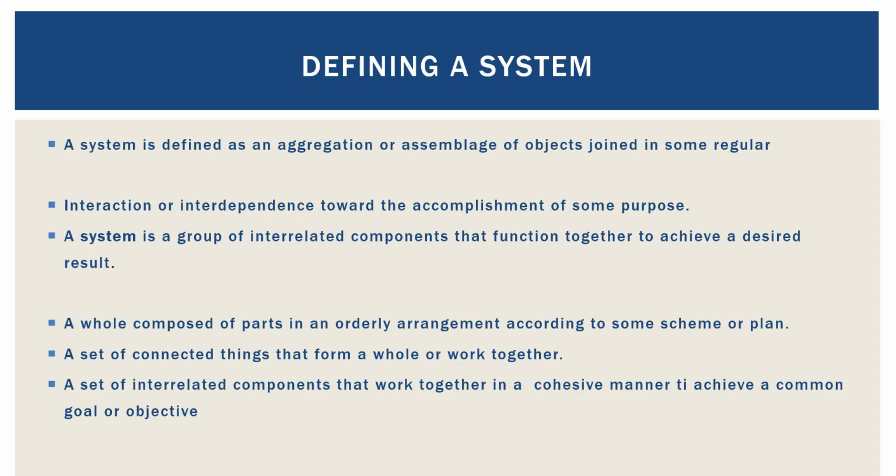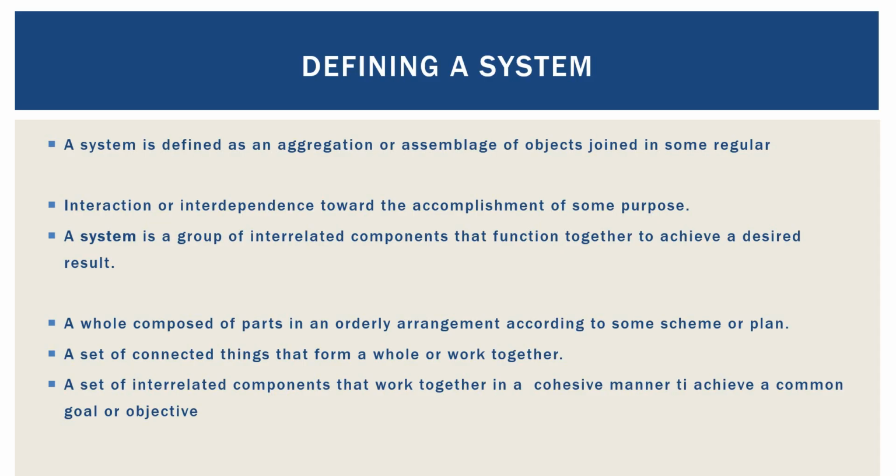The second definition of a system is the interaction or interdependence toward the accomplishment of some purpose. So a system is also meant to achieve some purpose. The third definition says a system is a group of interrelated components that function together to achieve a desired result.